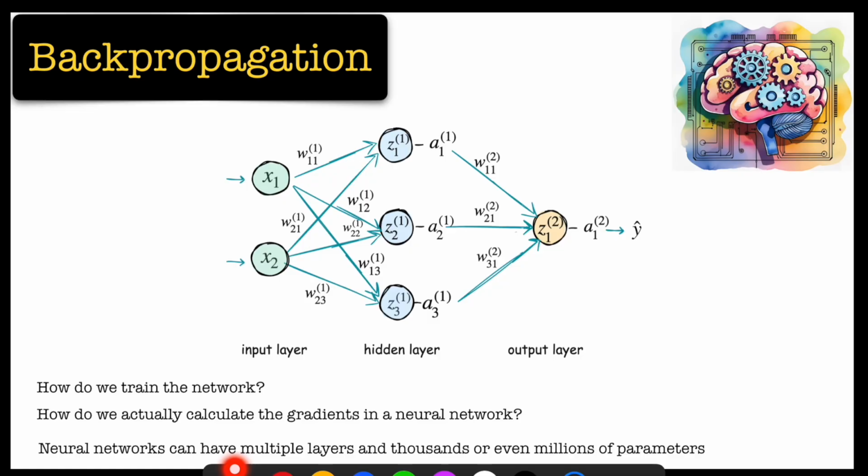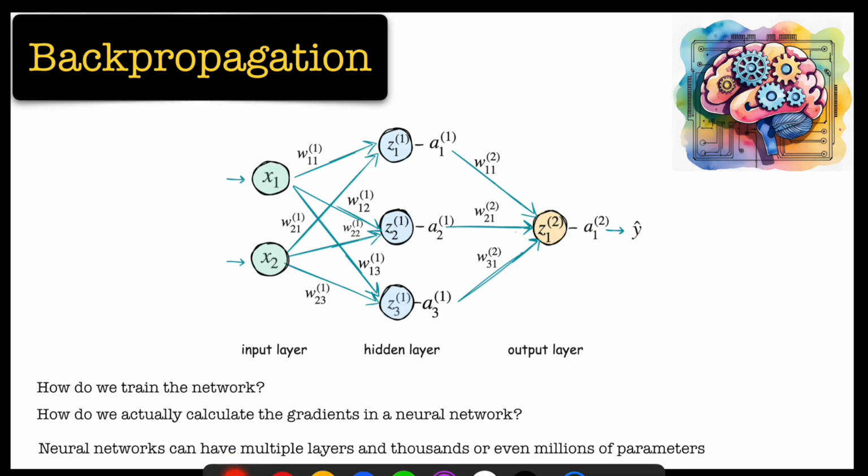It's about how we train this neural network. Initially we start with a few random weight parameters and we calculate these values, layer by layer, and ultimately we get some y hat.